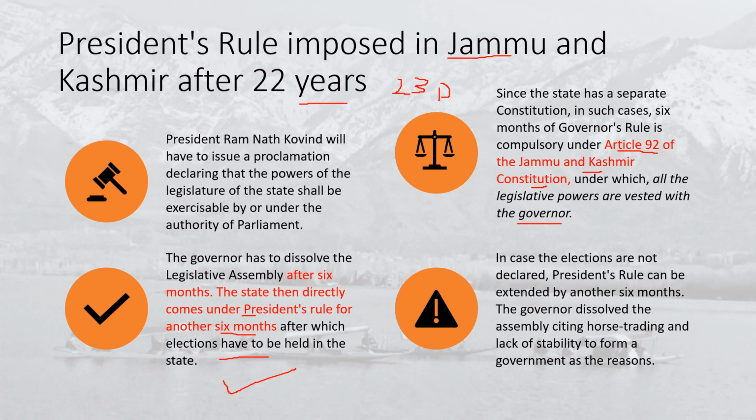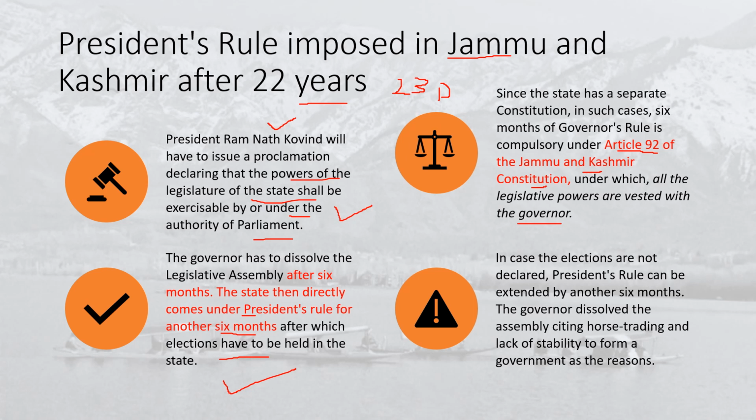So the President Ramnath Kovind has to issue a proclamation declaring that the powers of the legislature of the state shall be exercisable by or under the authority of the parliament, which is of course the second extraordinary power of the president, where he can declare that the powers of the state legislature are to be exercised by the parliament. So this is the second power which the President Ramnath Kovind is exercising in this particular case.